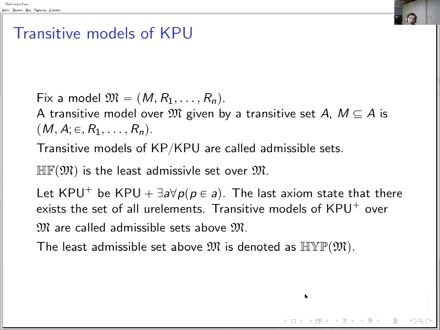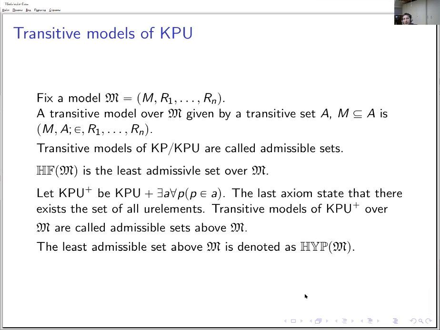If this transitive model satisfies KPU, or in the case of the empty structure KP, then we call it an admissible set. It's just standard terminology.